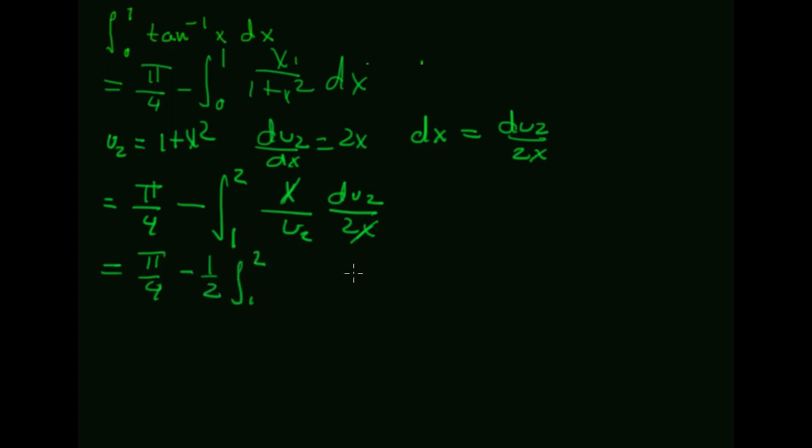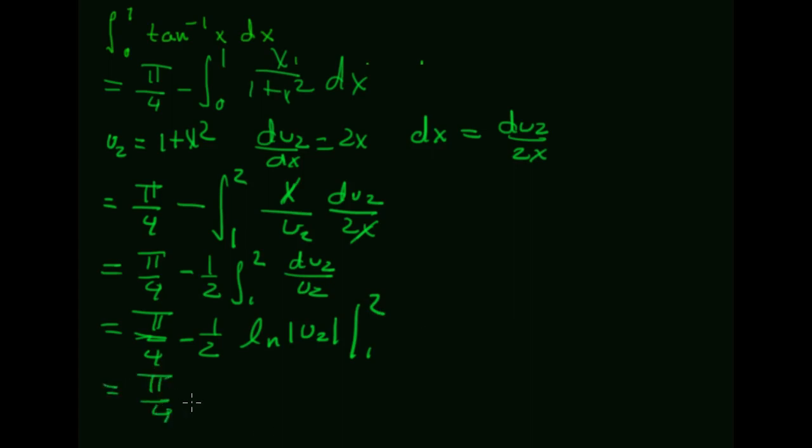That gives me pi over 4 minus 1/2 times the integral from 1 to 2 of du2 over u2. And this is going to go to the natural log of u2 from 1 to 2. So this is pi over 4 minus 1/2 times the natural log of 2 minus the natural log of 1, which is just 0.